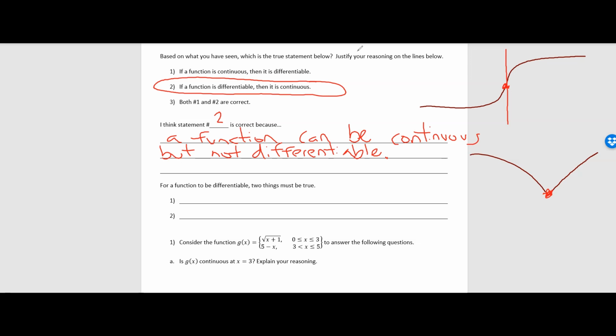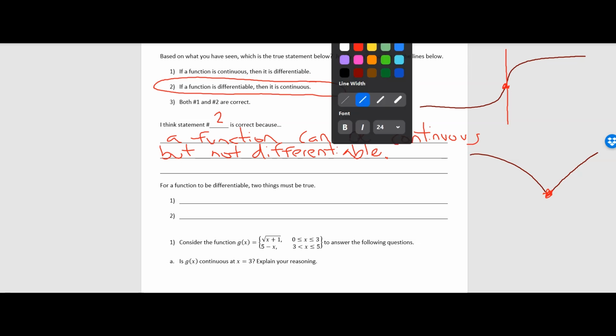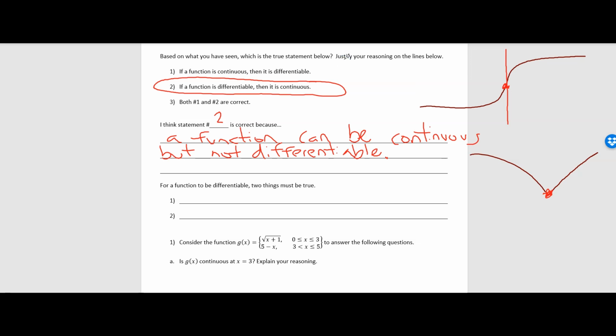So for a function to be differentiable, 2 things must be true. 1, it must be continuous. Now notice that that's not the only piece of criteria, because we know that a function can be continuous, but it may not be differentiable.